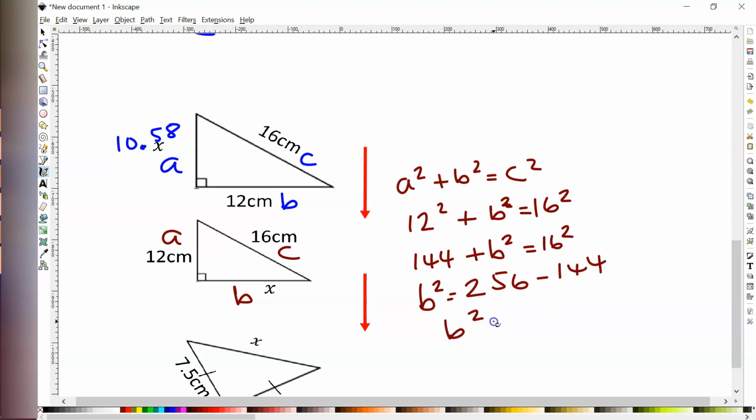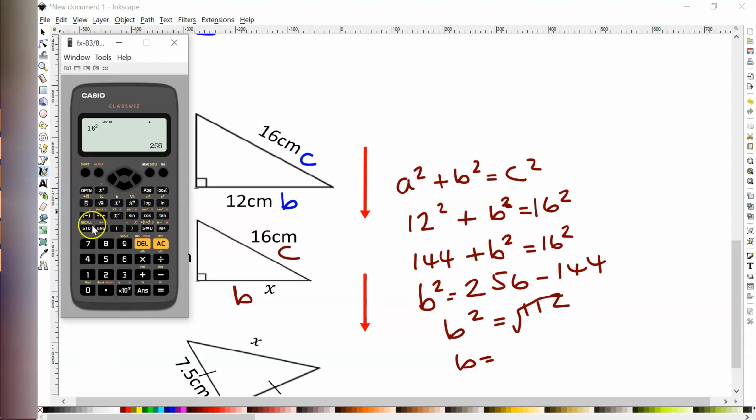B squared equals 112. Therefore, b by itself, when we square root that, get your calculator. You may know the answer already, because you may have seen that. Square root it, and we will have b.